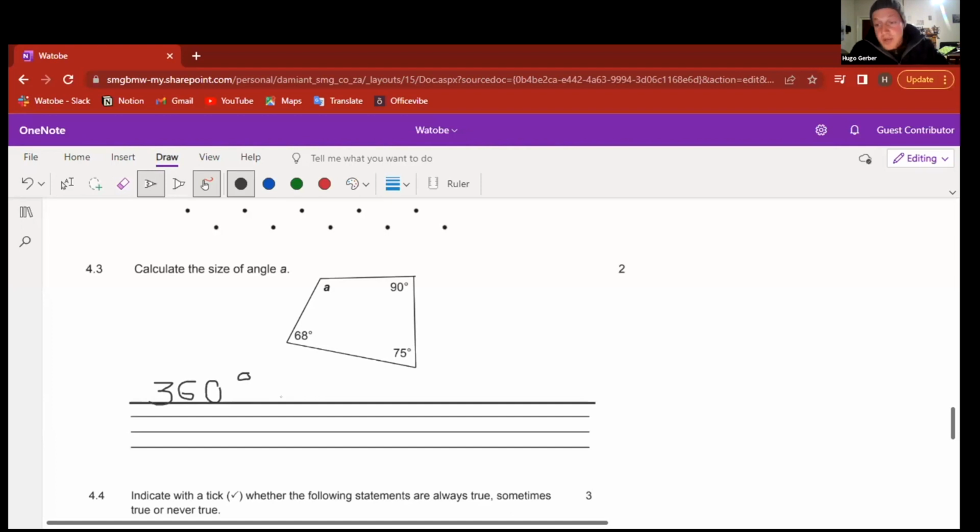So what we're going to do is 360 degrees minus 90 minus 75 minus 68, and that's going to give us, now we need to do some maths.